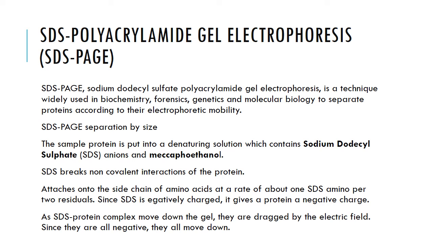So we're expecting once this SDS anion attaches, the protein will be negatively charged. So now we are going to form a complex. The SDS and the protein will form the SDS-protein complex.